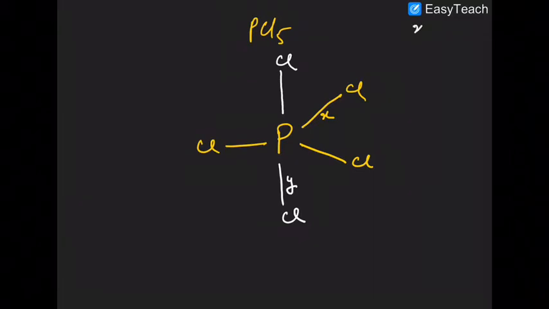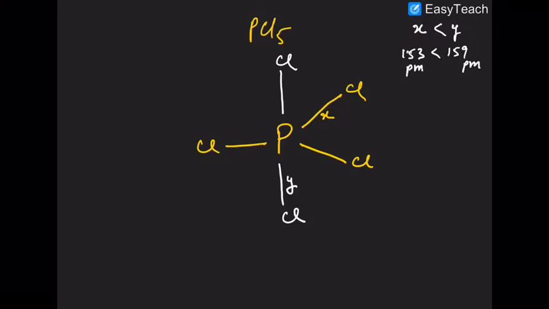So what you observe is that X is smaller than Y. What is the value of X? The value of X is 153 picometer. Y is 159 picometer. So 153 picometer is smaller than 159 picometer.